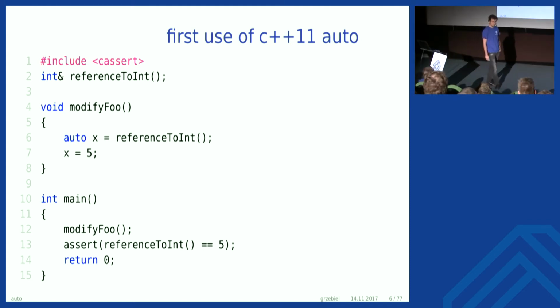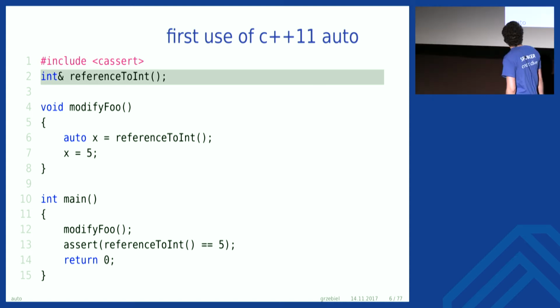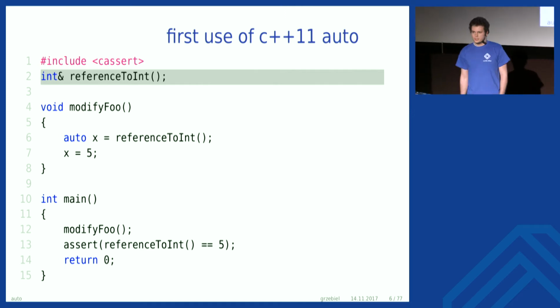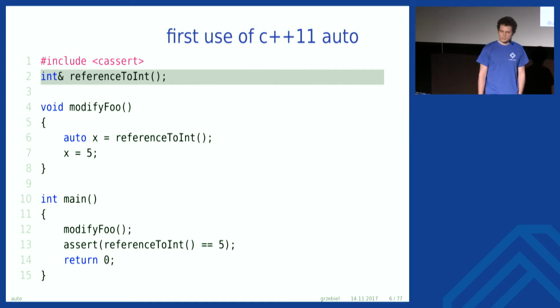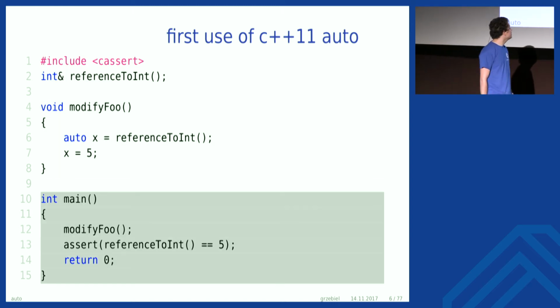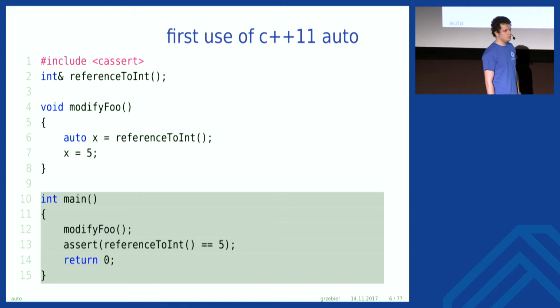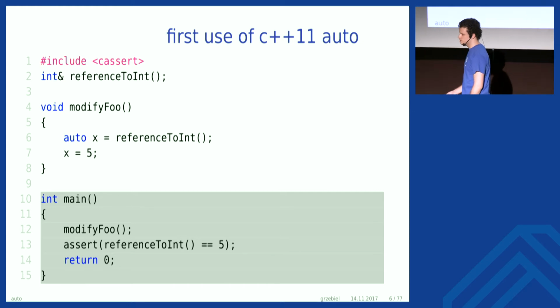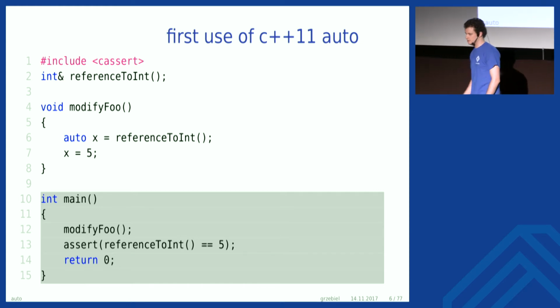The code is pretty straightforward. We have a function that returns a reference to int. Then we have a function that relies on that function that returns a reference, and we have main where we use our modified int function and then strongly rely on the result of this.